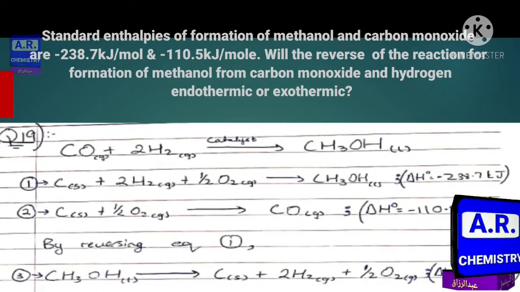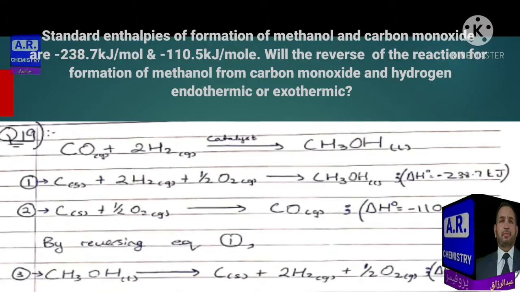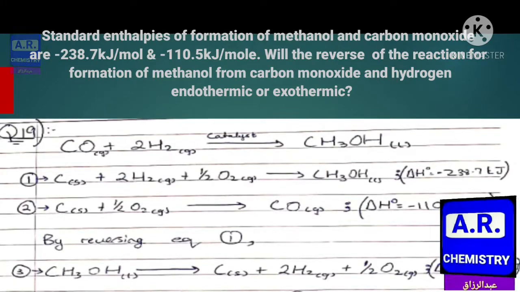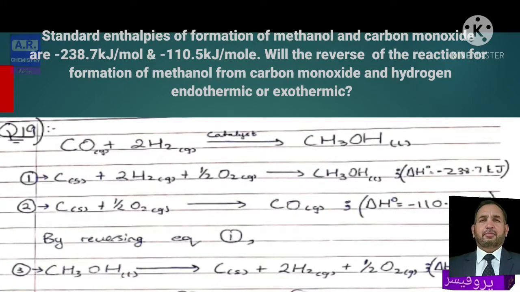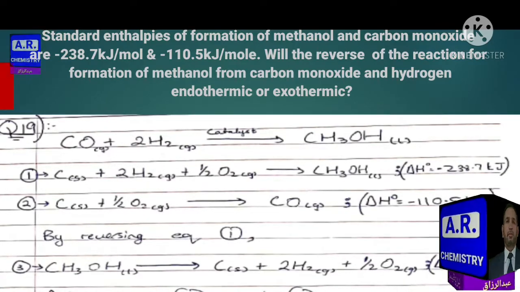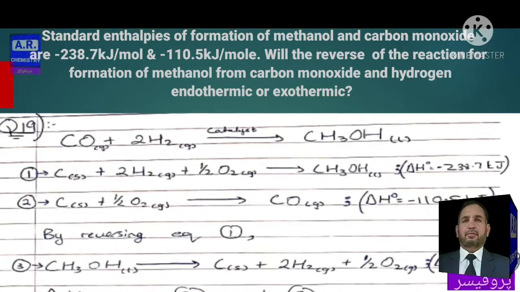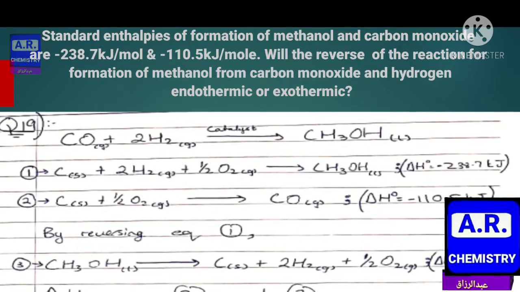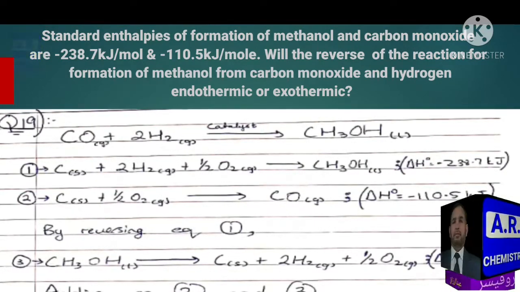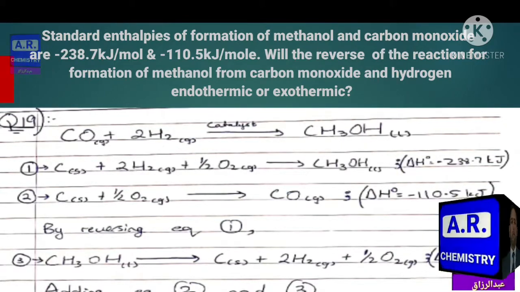So at the first step, after writing the given equation, you write the chemical equations for the data that has been provided in the numerical. The first equation is the enthalpy of formation of methanol, that has been given in the question.